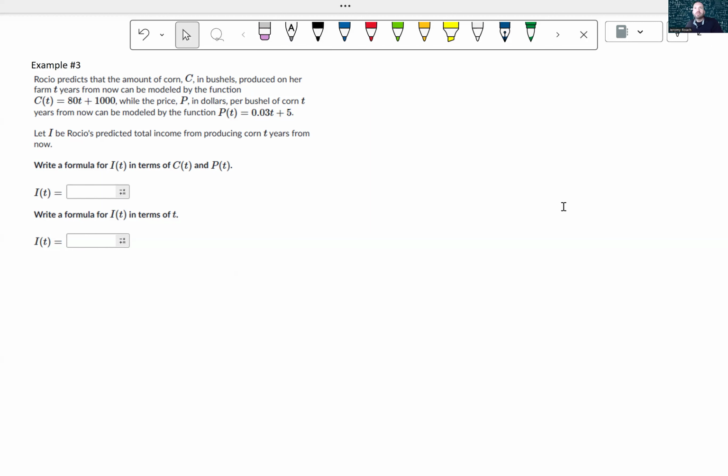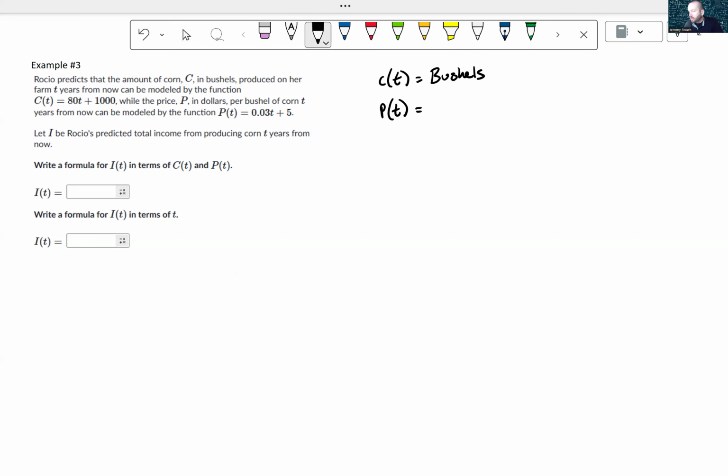So let's define what these functions are. C of t is the bushels of corn. I'm just going to write bushels. And P of t is equal to dollars per bushel.